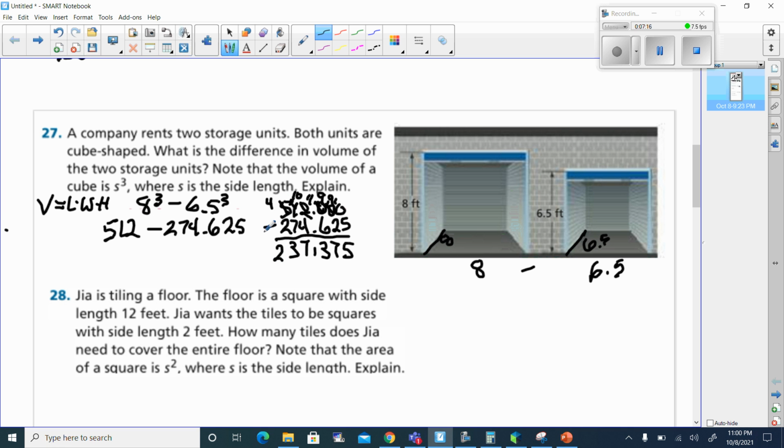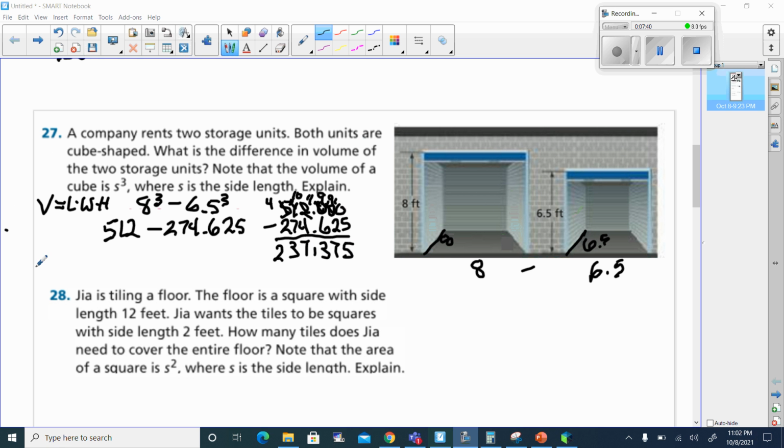So my answer has to be, let's see, note that the volume of the cube is where S is the side length, explain, okay? So they're asking what is the difference in volume? The volume is going to be 237.375.